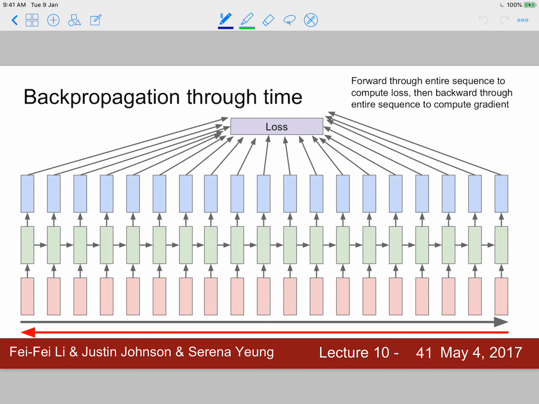Okay, and then the loss will also be incurred over here, and it will also be generating the gradient with respect to WHY once again, and then it is actually going back through time, right? So that way it's called gradient descent or back propagation through time, because it's actually going in the reverse direction of our time.